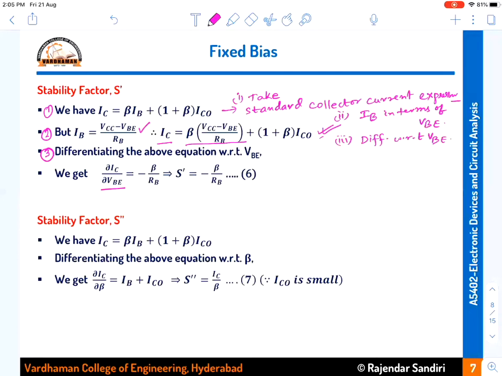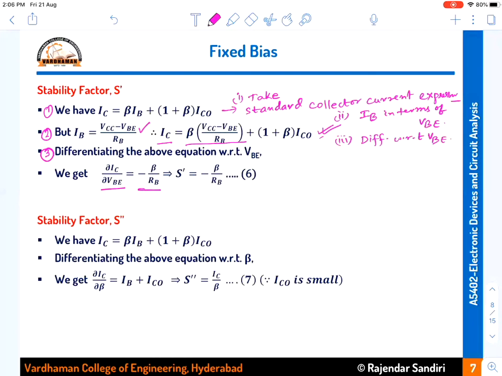Taking beta into VCC by RB, that is constant, so its differentiation with respect to VBE is 0. The second term is minus beta into VBE by RB. VBE is a variable, while beta and RB are constant, so the differentiation of that term with respect to VBE is minus beta by RB.